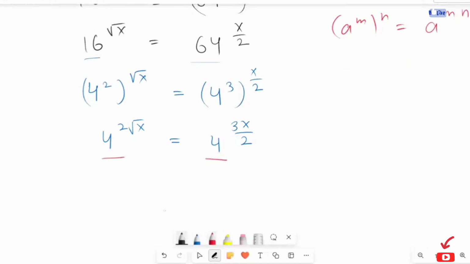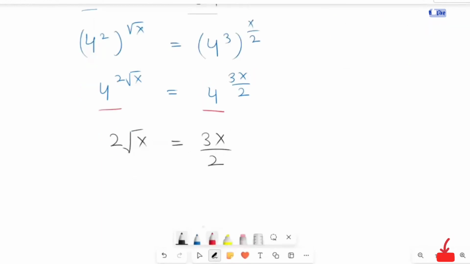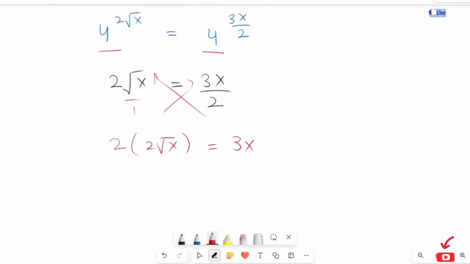So for the powers we have 2 root x is equal to 3x over 2. Now we are going to cross multiply here. So here we have 1, so it will turn to 2 times 2 root x is equal to 3x. So it will turn to 4 root x is equal to 3x.